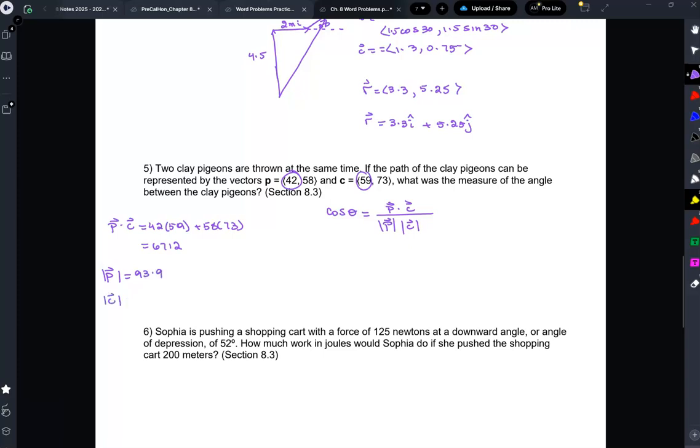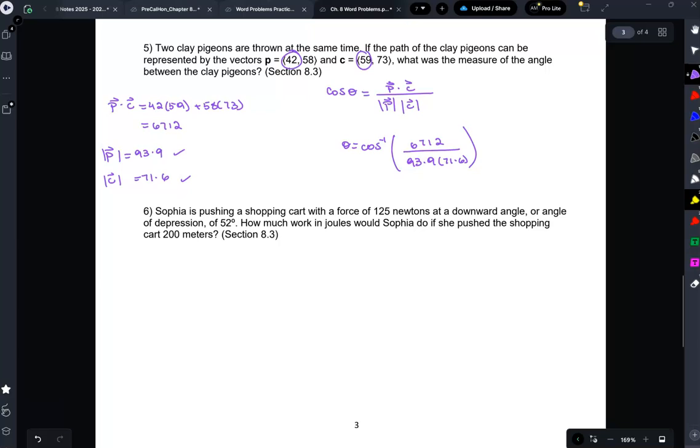The magnitude of C is 71.6. Putting it all together, theta is inverse cosine of 6,712 over 93.9 times 71.6. And obviously, these two we're not going to round. We're going to save them in the calculator. So then theta ends up being about 3 degrees.